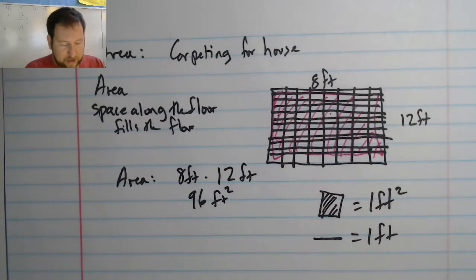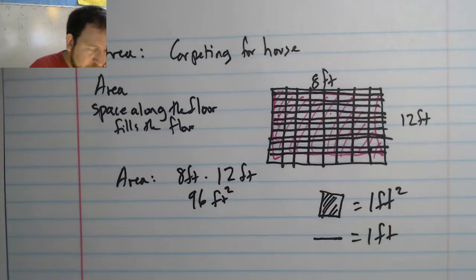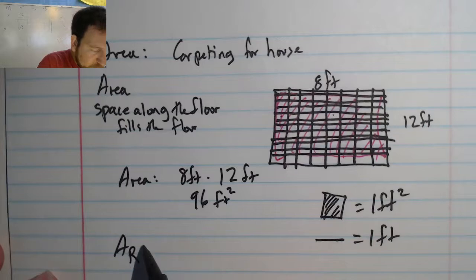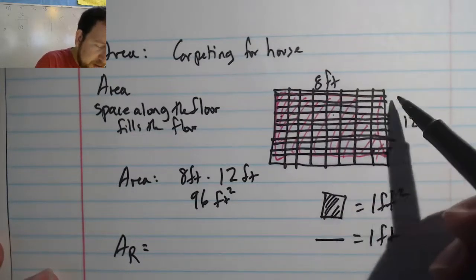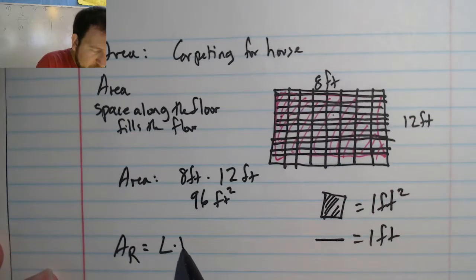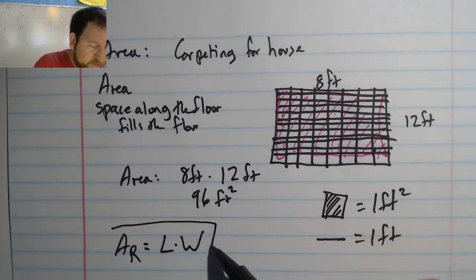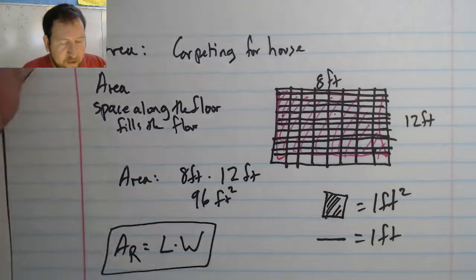It's just a line. In this way, I can also say that the area of a rectangle is going to be my length times my width, or L times W. And I can use this formula when I'm figuring things out.